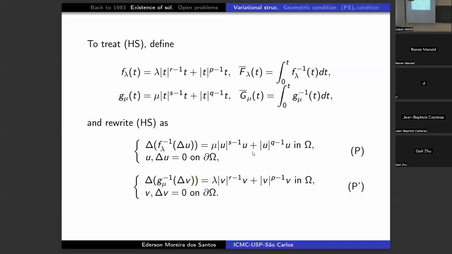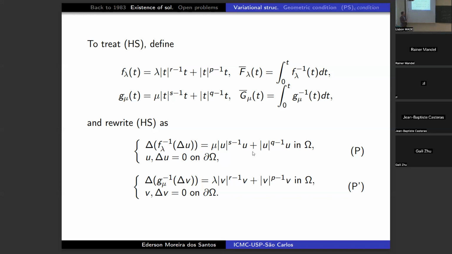So I take the inverse here, and then I have that the inverse of minus Laplacian of V equals U. And then I plug this here, and I rewrite the system as this equation here. Of course, I could also invert with respect to the other equation, and I have the second equation here.